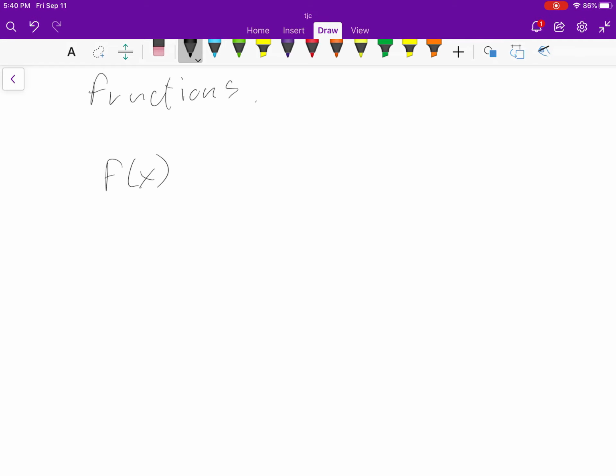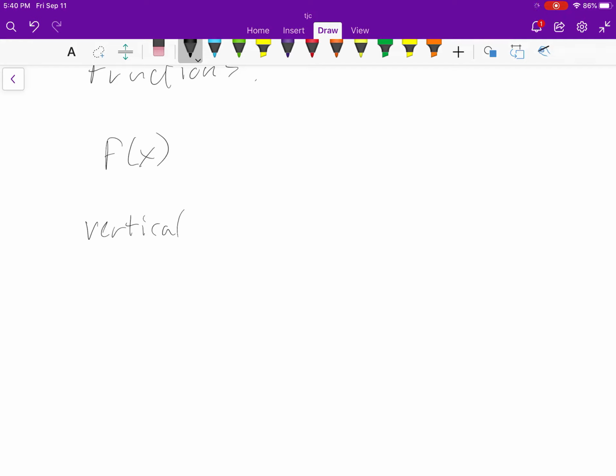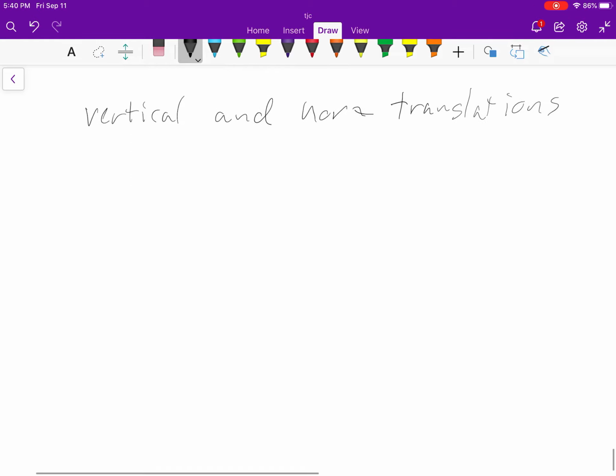So the first two that we're going to look at are vertical and horizontal translations. This is if we're going to move, say, a function up or down. So let's say we have a function that looks like this.